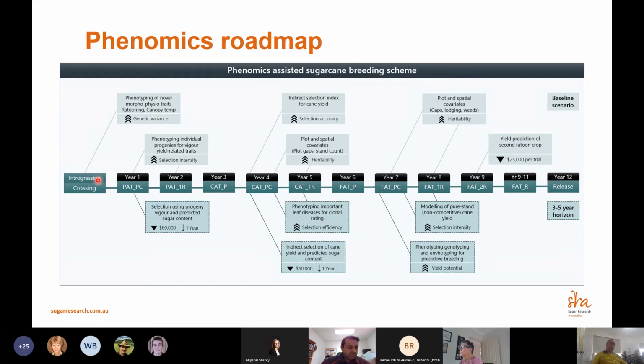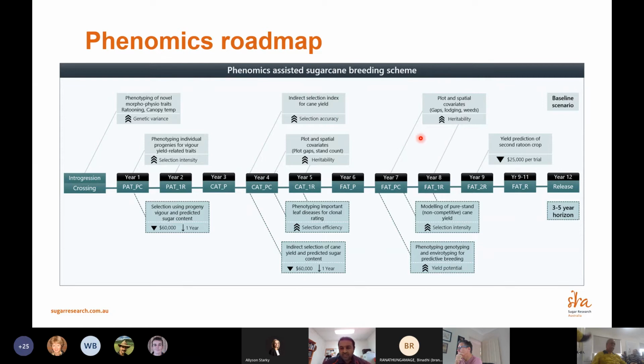So for example, in the integration program, we can use the phenomics to identify novel traits such as ratooning ability or canopy temperature of the clones. And in the patch stage, we can use phenomics to have quantitative data for progenies instead of having family means. And in the cat stage, in general, we could use phenomics to improve the heritability of the target traits, and also to improve the selection accuracy using indirect selection approaches.